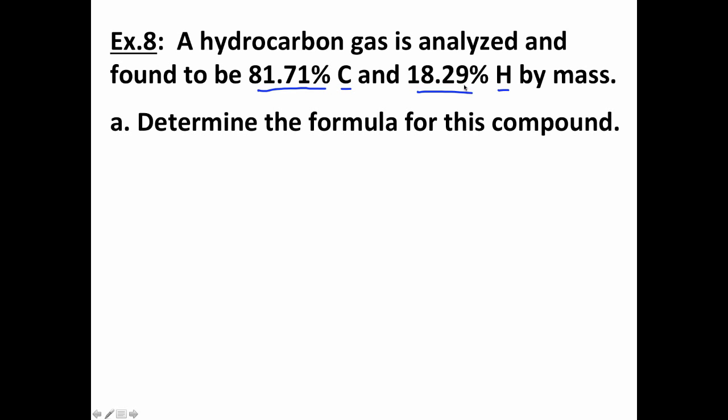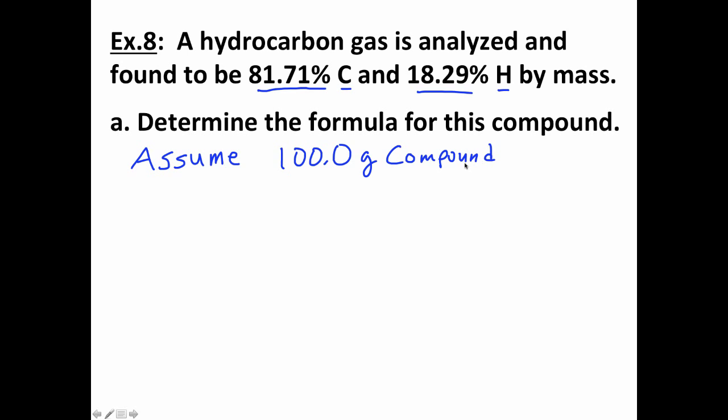And since percent is parts per 100, it's kind of the easiest way to deal with a problem like this if we just say, let's assume that we have 100 grams of our compound.